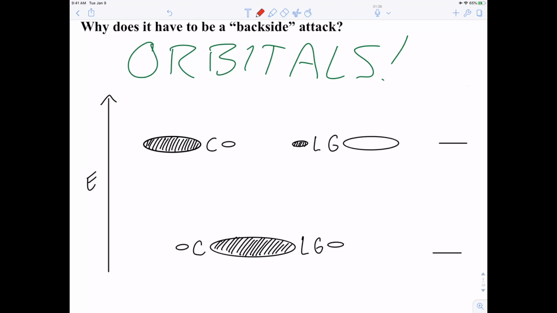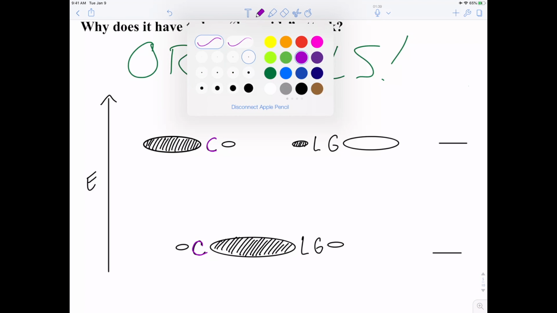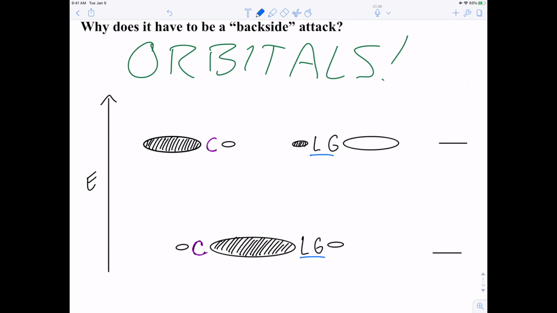So if we do a really simplified MO style diagram for just the carbon, and let me go ahead and highlight this in purple, just the carbon here that is our electrophilic carbon directly attached to our leaving group. So here's our leaving group. If we look at the MOs that hold these two together in a bond, you can think about this sigma bonding orbital, wherein we have a lobe of constructive interference here in the middle that shows that, oh, okay, these two lobes were in phase, they constructively interfere to form the bond.